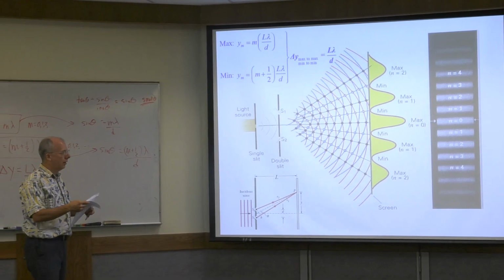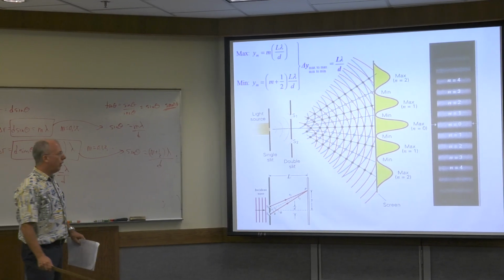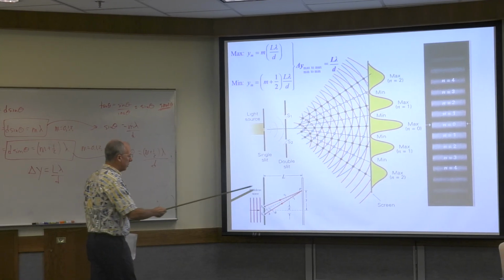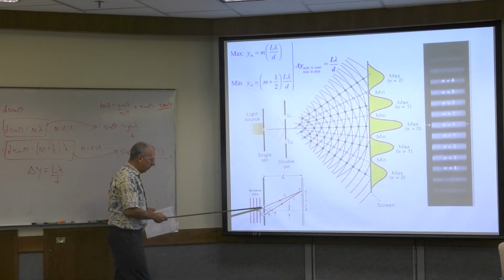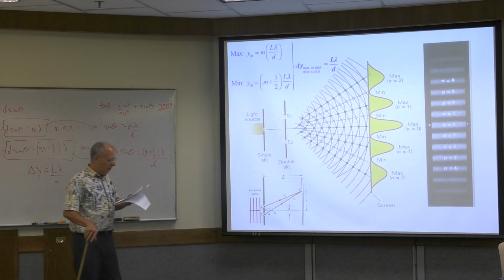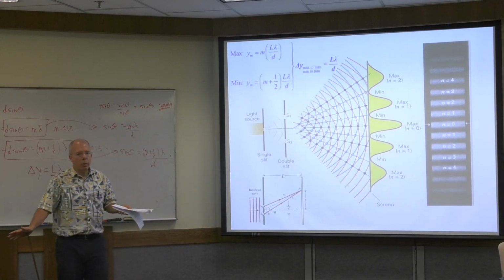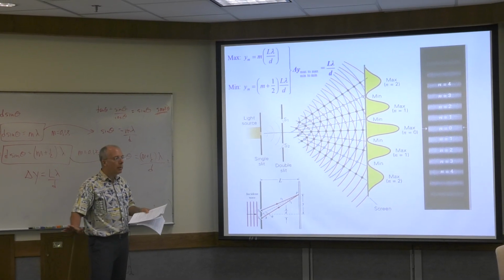It works. It's awesome. In the real world, if we were doing this experiment, it's a piece of cake to measure L, D, and the y's. So you can use these equations to figure out the wavelength of light. I hope you realize that's incredibly impressive.